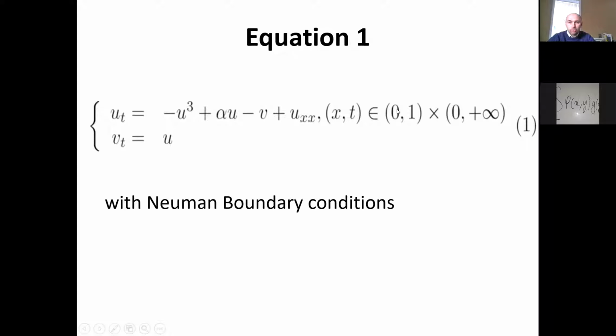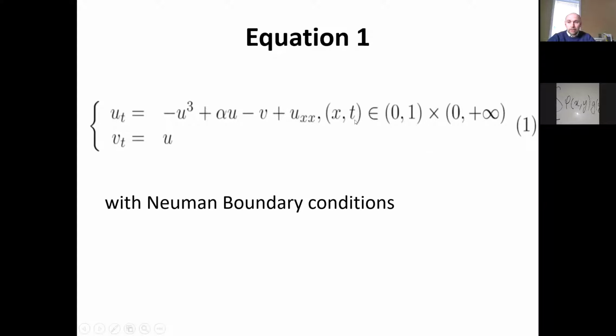So we are working on the domain 0, 1 with Neumann boundary conditions. Here it means that the derivatives of u and v at 0 and 1 are equal to 0.